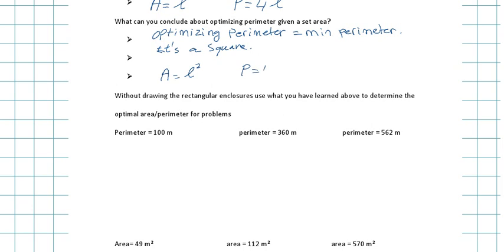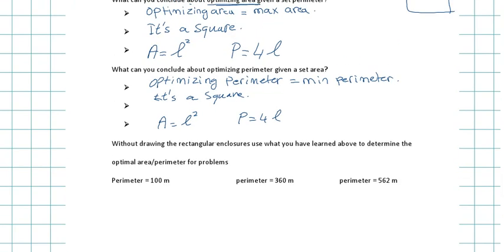Now, something that I want you to remember. When we are given the area, you're going to start with the formula of the area. You're going to solve for L, and then you're going to use the formula for the perimeter to find your minimum perimeter.